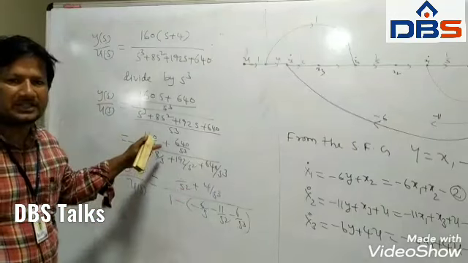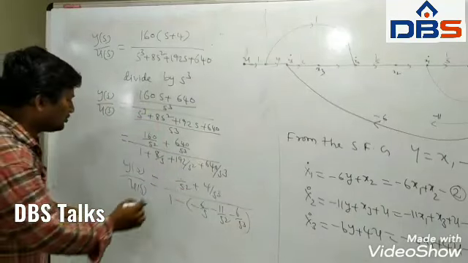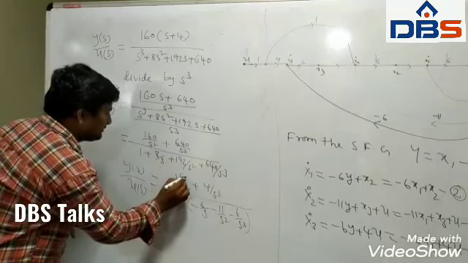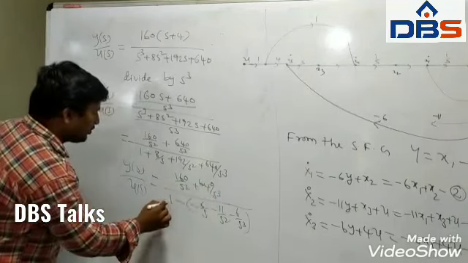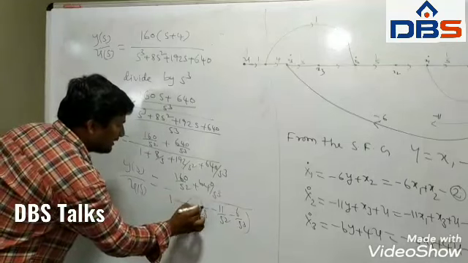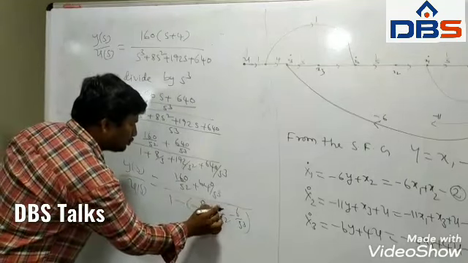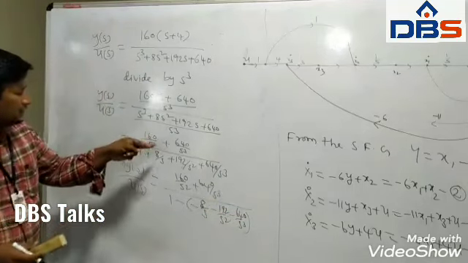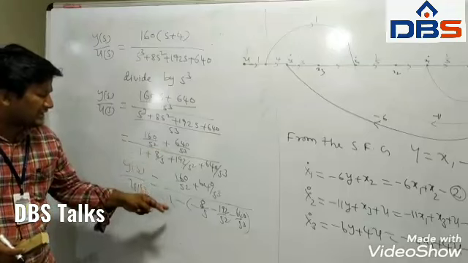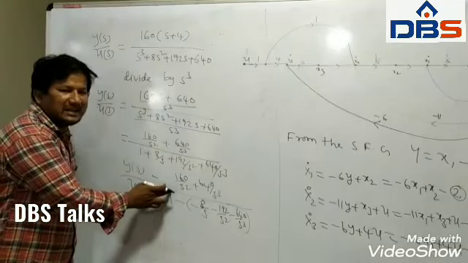This transfer function may be rearranged as 160 by s square plus 640 by s cube over 1 minus of minus 8 by s minus 192 by s square minus 640 by s cube. So the transfer function must be remodeled like this, and this will look like a transfer function in Mason's form.